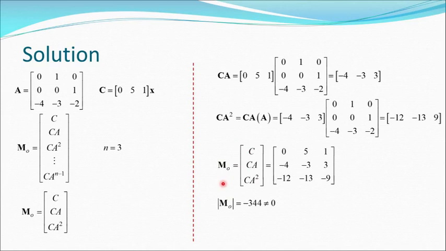And from the matrix MO, we further identify the determinant of matrix MO. Since the determinant of MO is equal to negative 344, which is not 0, we can see that MO has a full rank of n, or the rank is equal to the number of state variables, and therefore the system is observable.